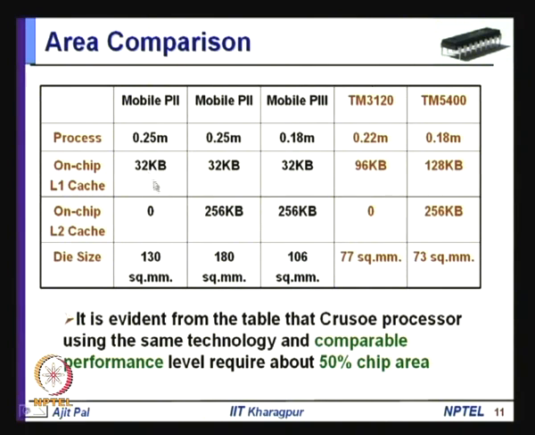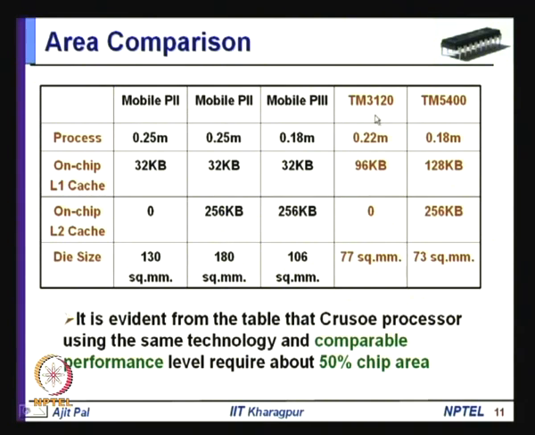And then the on chip cache memory they have got is 32 kilobyte, and the on chip L2 cache they have is 256 kilobyte, and die size is 130 square millimeter for the first one, 180 square millimeter for the second one, and 106 square millimeter for the third one.